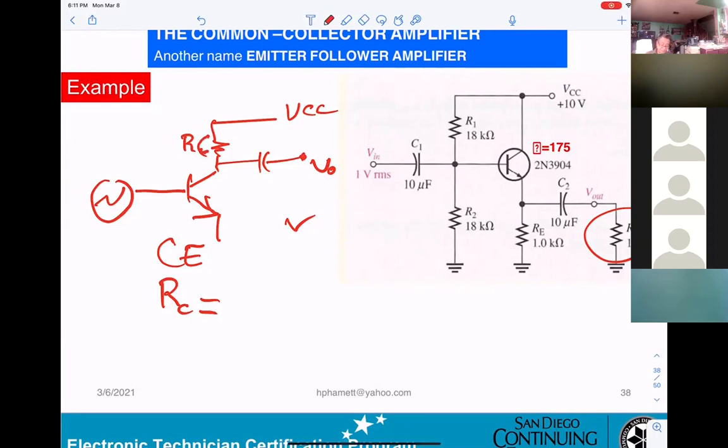Yeah, it's that resistance right there. Equal to what? The same RC.